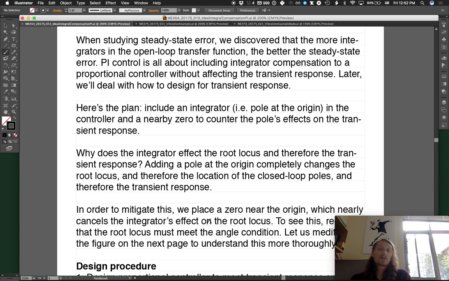Sometimes it could even go unstable. All kinds of things can happen. So we are going to try to minimize our effects on the transient response by adding a zero nearby, not right on top of, we don't want it to totally cancel out, but nearby the integrator, the pole at the origin, to leave the root locus essentially untouched. And we'll sort of see how that happens.